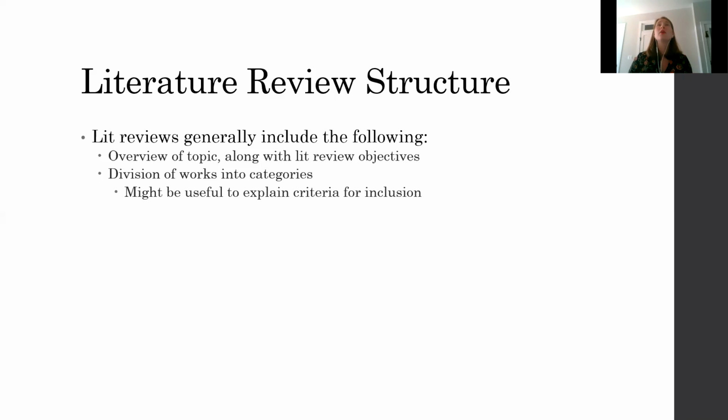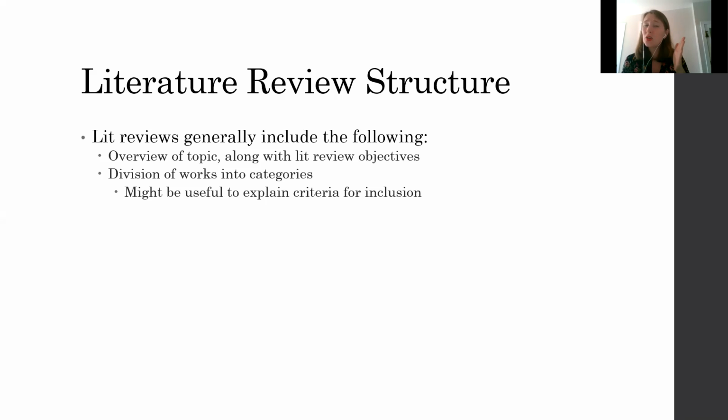So for example, let's say you're going to send out a survey to people about your topic, and you found some similar studies where people were sending out surveys. You may decide to include only studies that had at least 100 respondents to their surveys, and then not include anybody that had 50, for example. This is just an example.